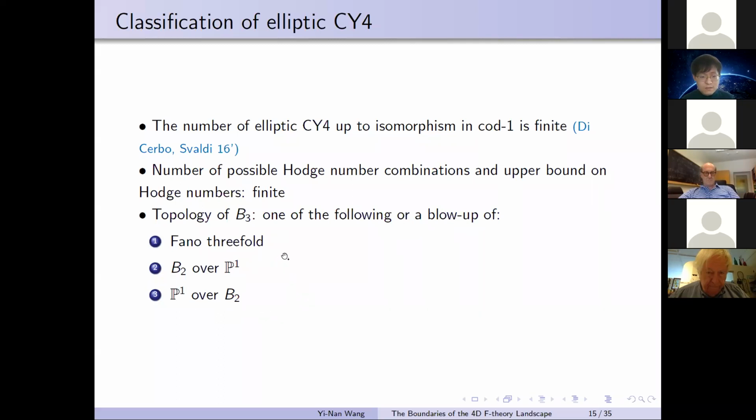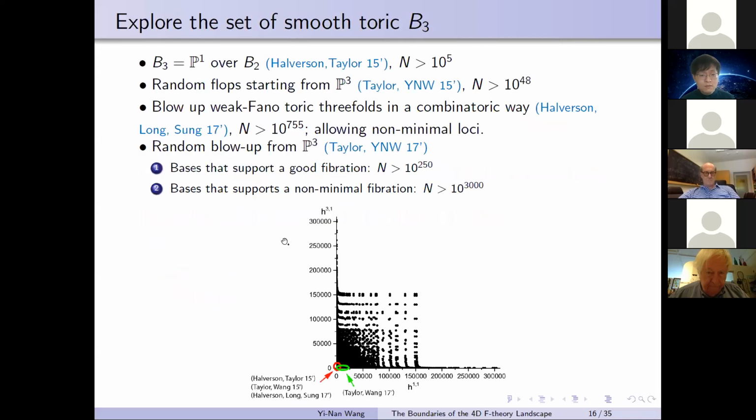As physicists, in the recent few years, there have been many different systematic approaches that try to classify the set of base threefolds and also the Calabi-Yau fourfolds over them. So the first work in this field is a paper by Jim Halverson and Washington Taylor in 2015, where they restricted the form of the base threefold to be a P1 fiber over B2.